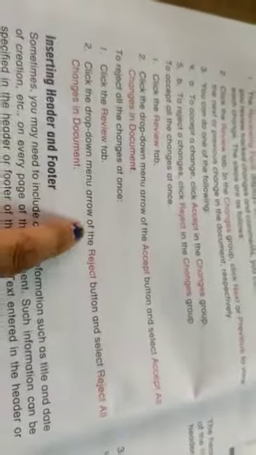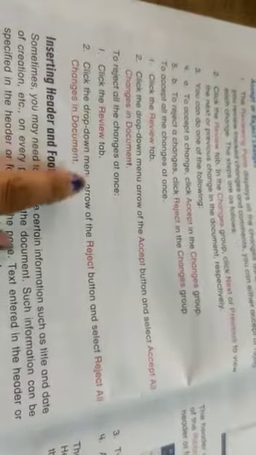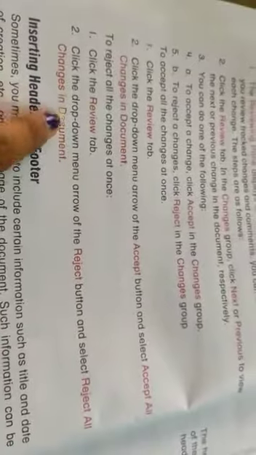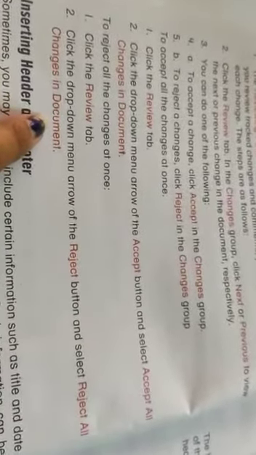If you want to reject, again go to the Review tab, click the drop-down button of the Reject button, select Reject All, and all the changes will be rejected from your document.